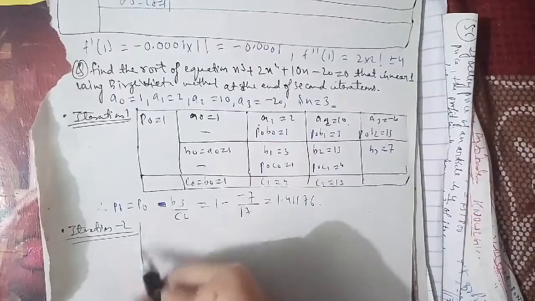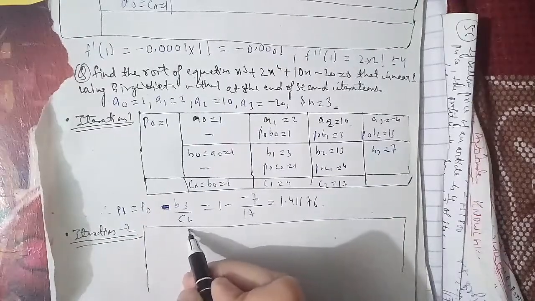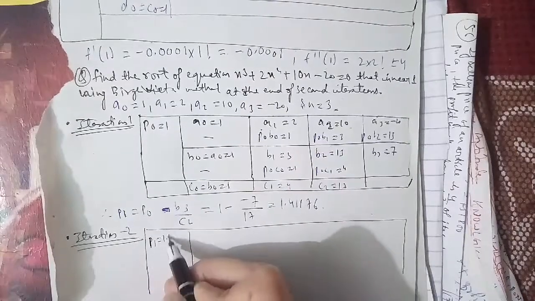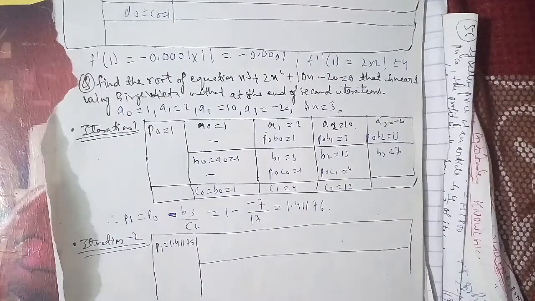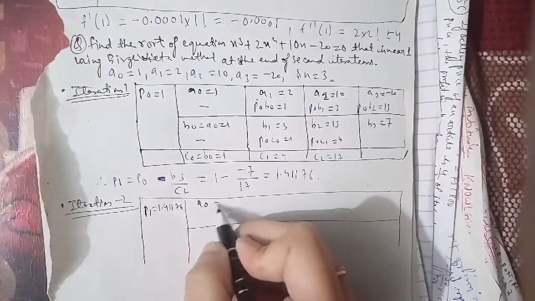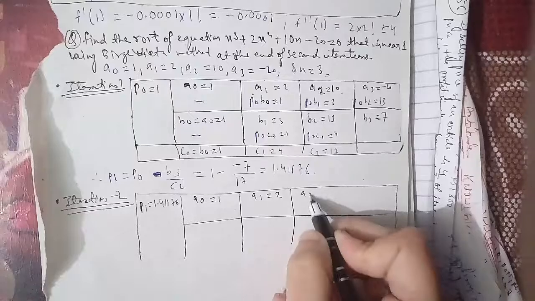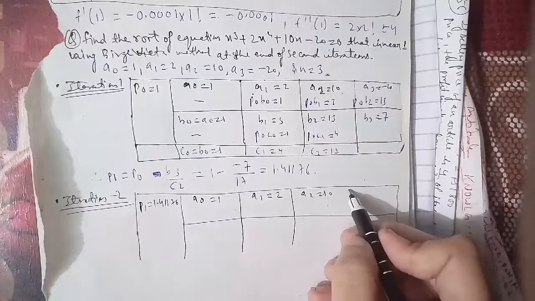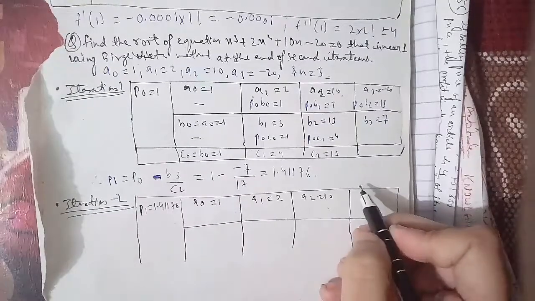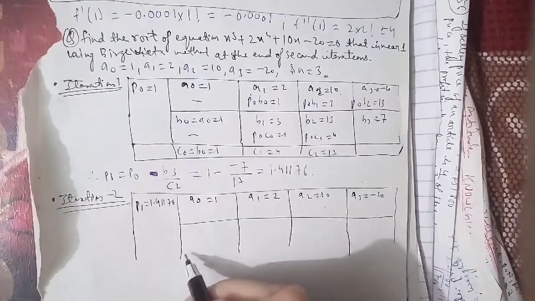For iteration 2, we make a table with p1 equals 1.41176, and a0 equals 1, a1 equals 2, a2 equals 10, and a3 equals minus 20. We put in the values and find it out.